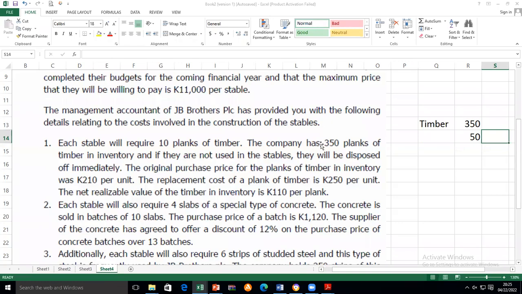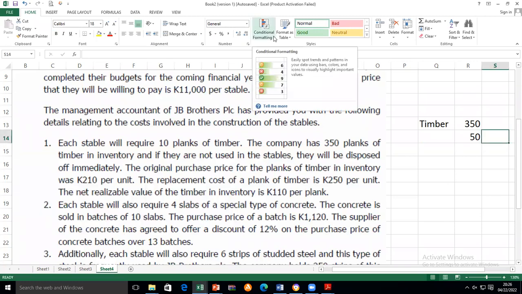So the company has 350 planks, and if they're not used in the stables, they'll be disposed of immediately. So what story can you tell about this? These 350, what can we do with them? Are we going to replace them from the information given? No need, because they will be disposed of. So it's better we use them.